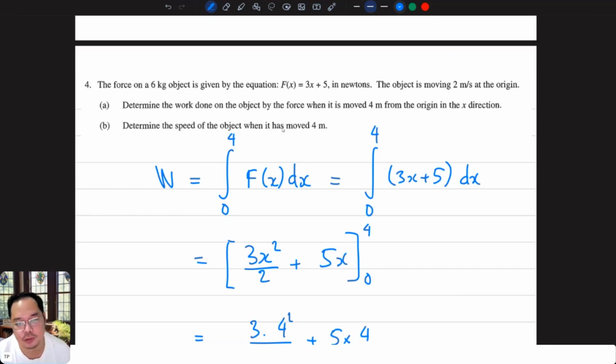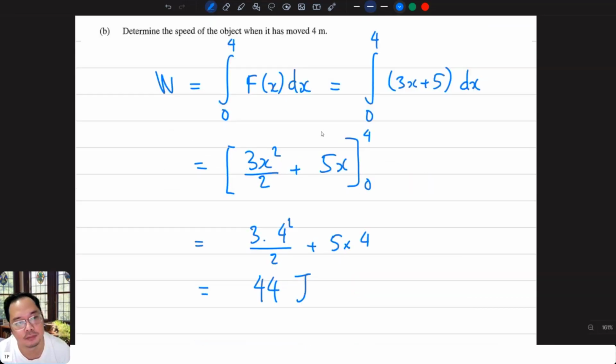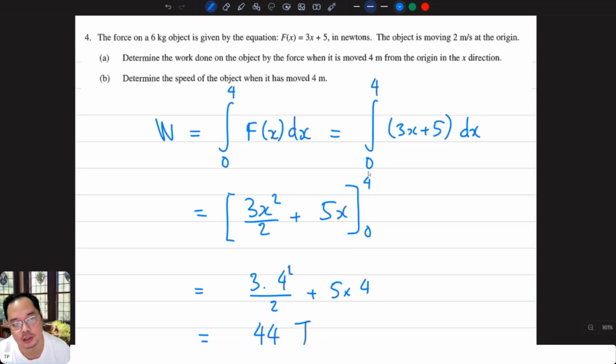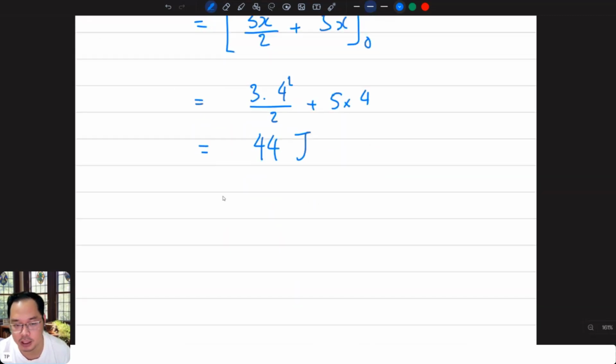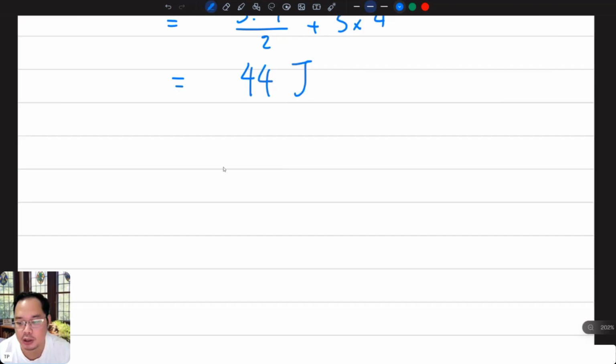Question B. Determine the speed of the object when it has moved 4 meters. Again, the relationship between energy and work.